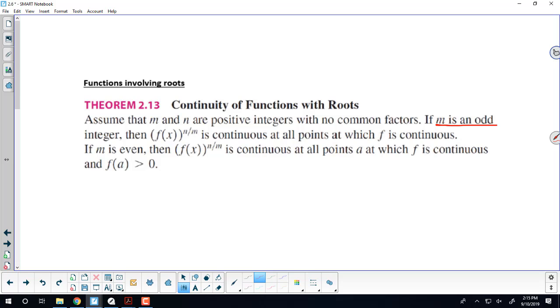Then f of x to the n over m, which means we're taking the mth root, or an odd root. So it's basically saying all odd roots are continuous at all points where the inside function f of x is continuous. So what that says is that taking odd roots does not change continuity.